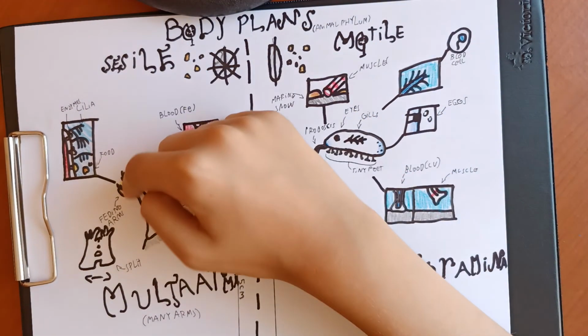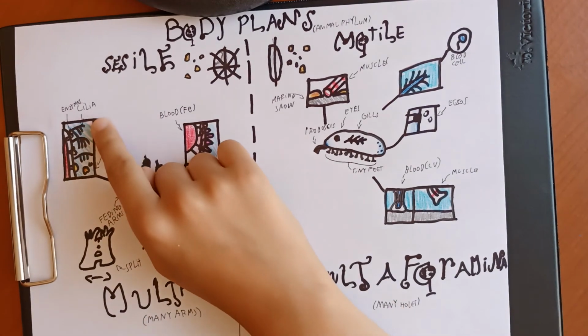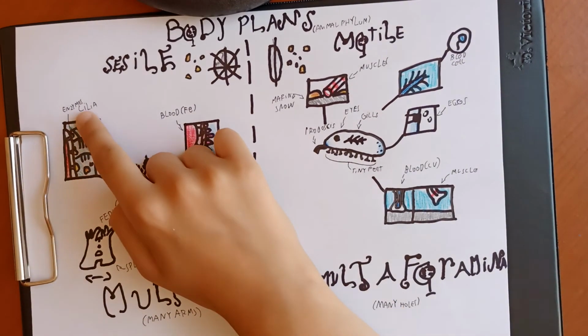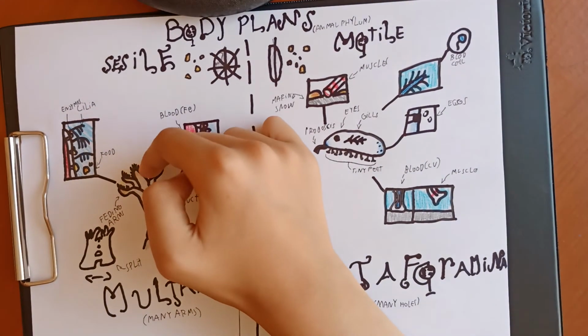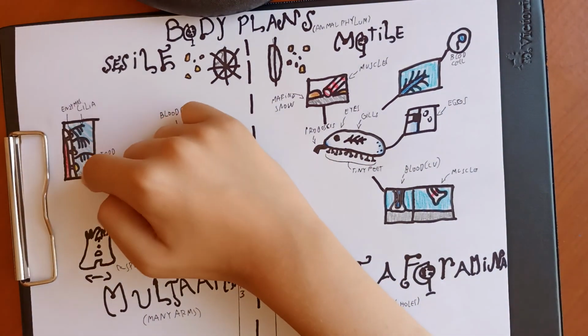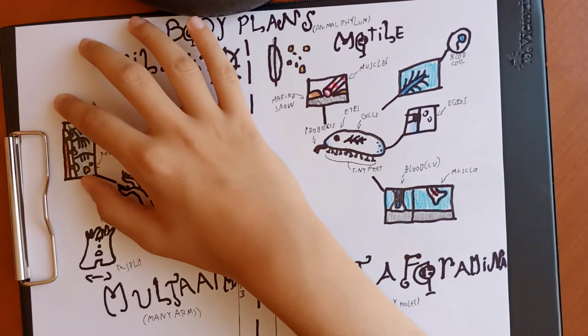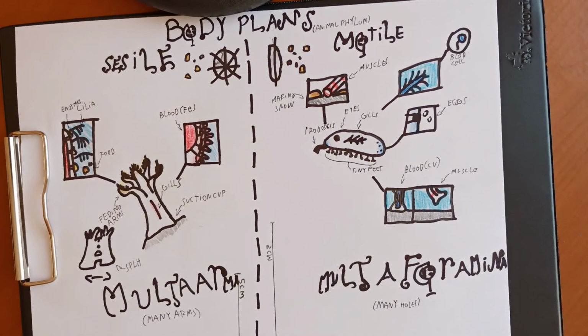This animal will filter nutrients from its arms. The arms will have cilia, which will catch the food. There will be glands which will produce enzymes, which will digest the food.